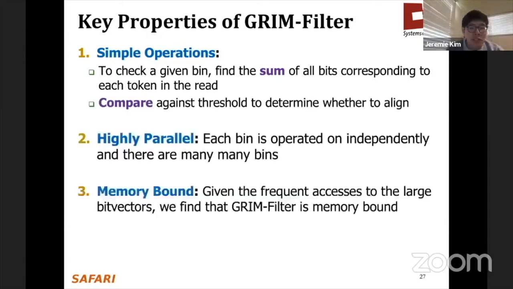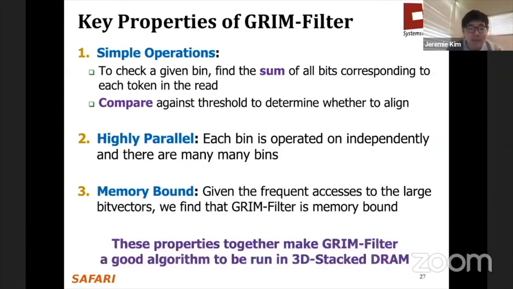And it's also memory bound because we have to access the large bit vectors very frequently to calculate the potential existence. These 3 properties together make GRIMFilter a good algorithm to be run in 3D stacked DRAM, which has high throughput and lets you operate on things in parallel inside the logic layer.